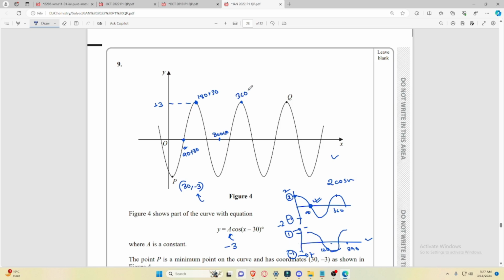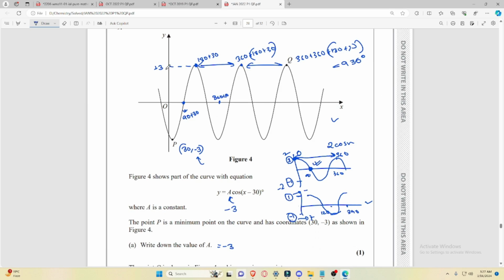So it will be 360 plus 180 plus 30, and the next 360 plus 360 plus 180 plus 30, meaning every time 360 gets added from one maximum point to the next. From one maximum to another maximum, 360 degrees are added every time. So I think the overall answer is 930 degrees for Q, and I know that this point is 3. So (930, 3) is my final answer.